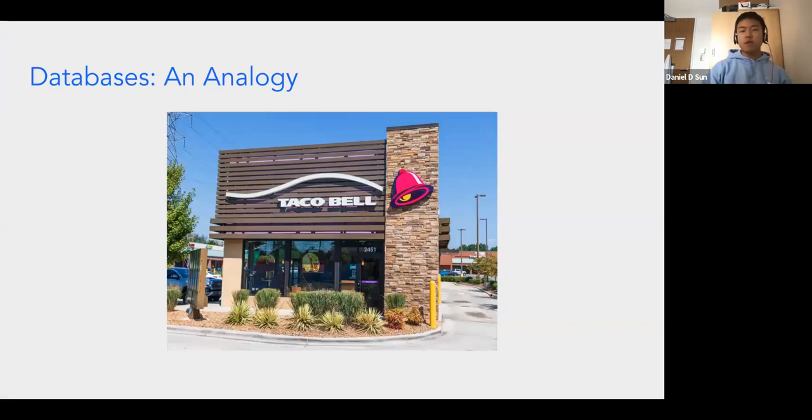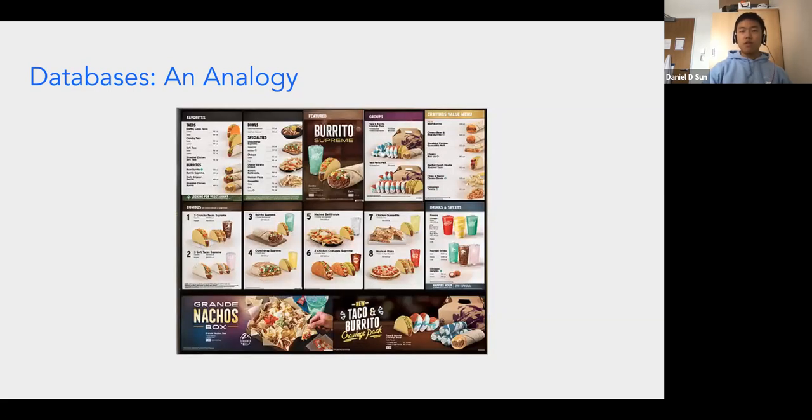First, let's think about Taco Bell and think about what the database would be in Taco Bell. Well, if we think about it, the menu, that's like the API. That's how we access the database. So we retrieve information from the database using our API.